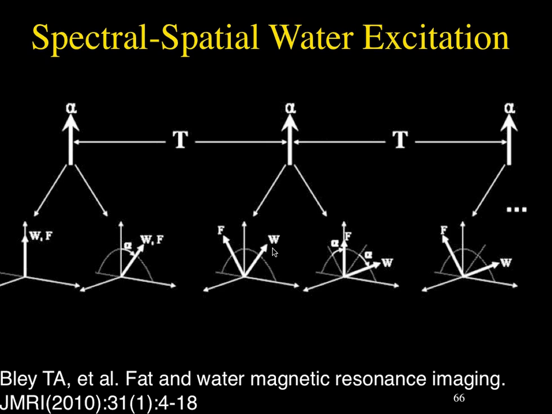But remember, fat and water spin at different frequencies. So if you wait a small amount of time, you'll find that fat and water will be 180 degrees out of phase in the XY plane.